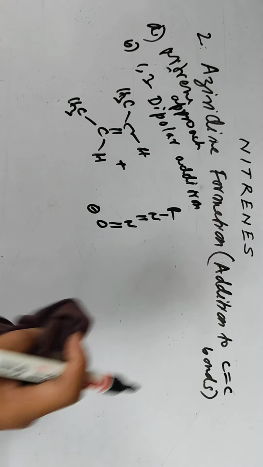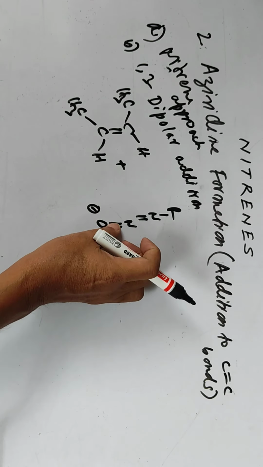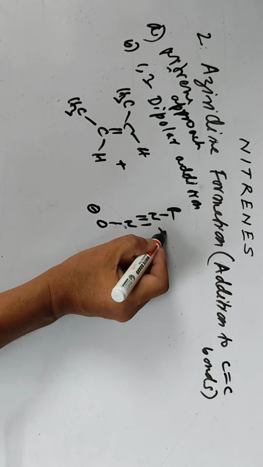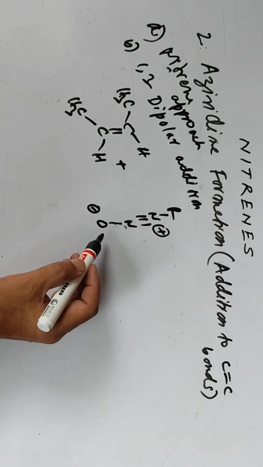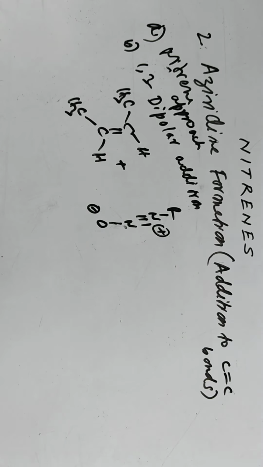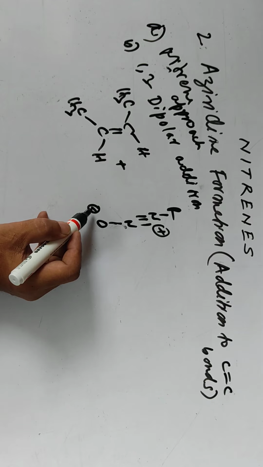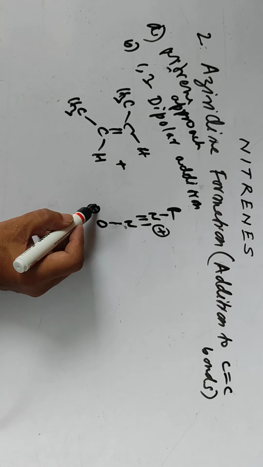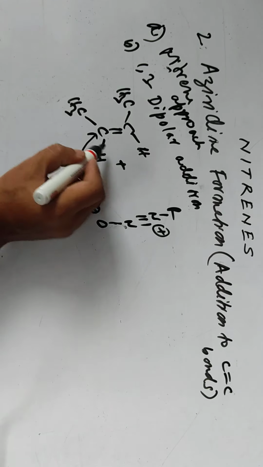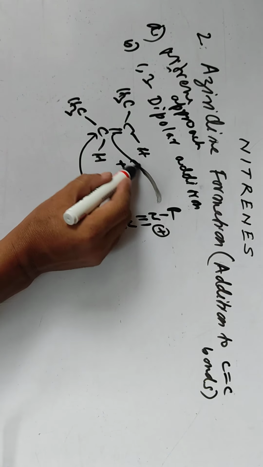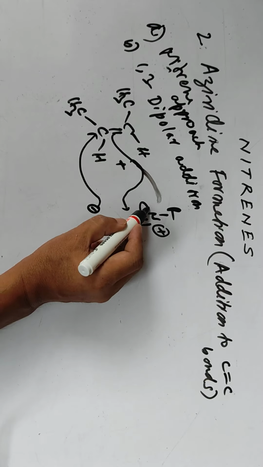Okay, this way: 1, 2, 3. So 1,3-dipolar compounds can also attack. Similarly to the earlier case, this attacks here, and this one will come here, and then we get this.